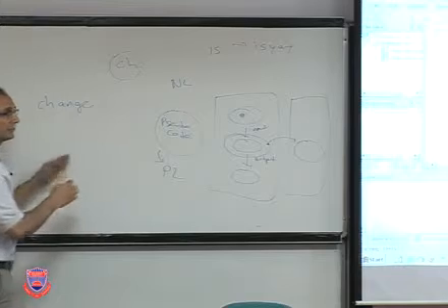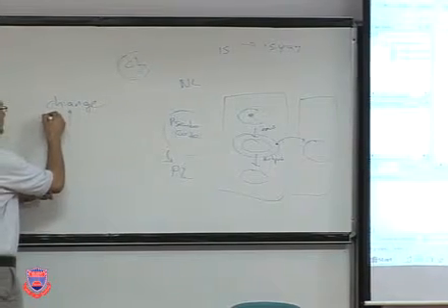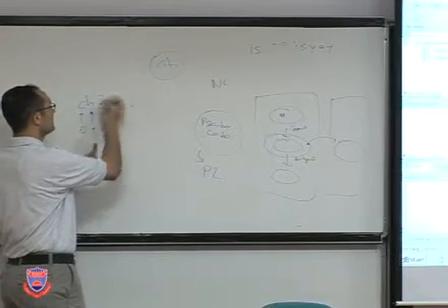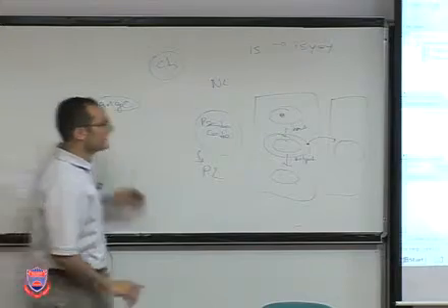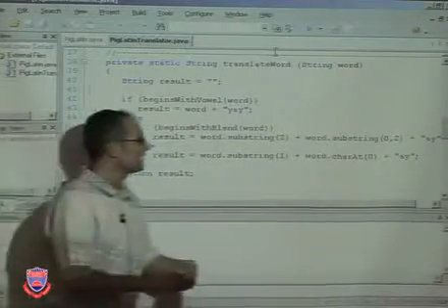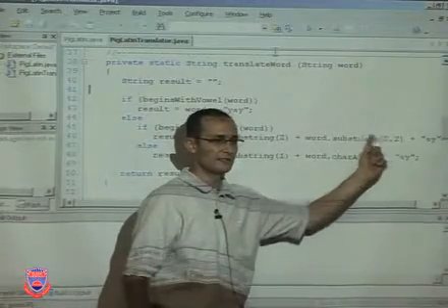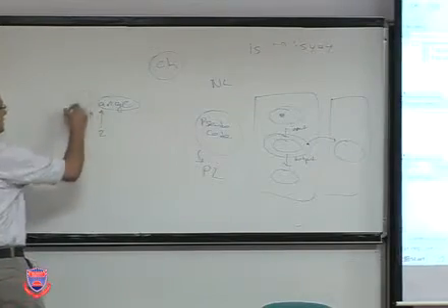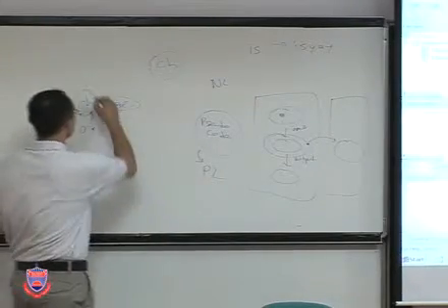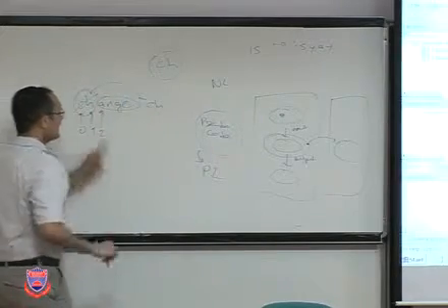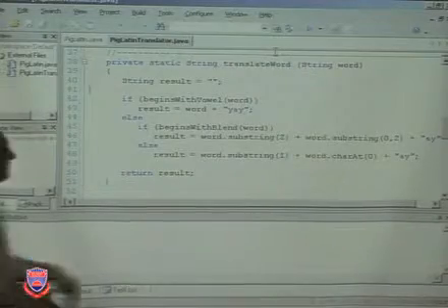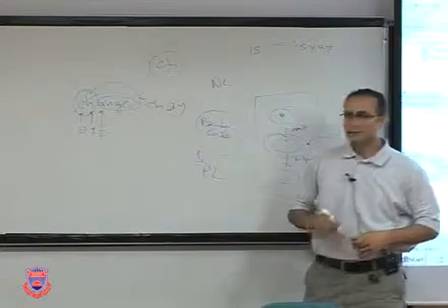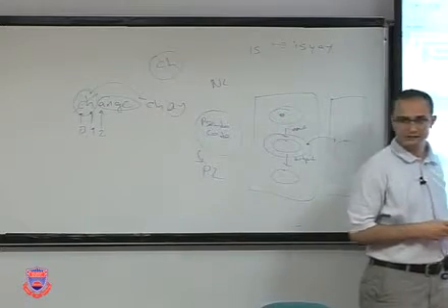In that case, I will start with index 2. This is index 0, this is index 1, and this is index 2. I will have the substring starting at index 2, and on top of that I will append the first 2 characters, starting at 0, which means the ch, right? So I will have ange then ch, and after that I will add ay at the end. As a result, this will be the generated Pig-Latin version of the word.